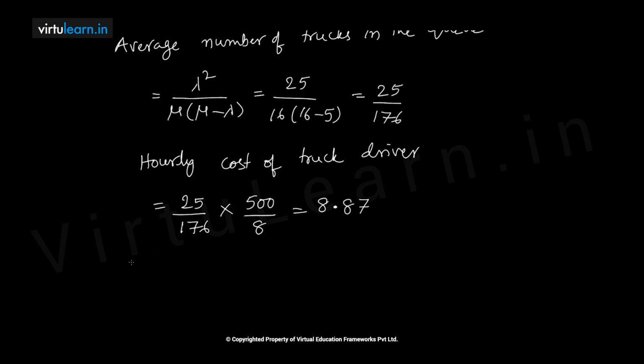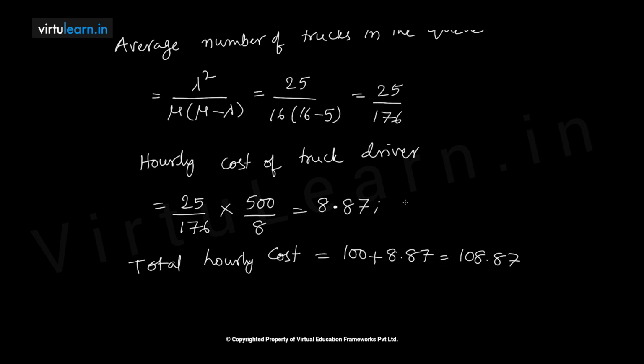Here it is 8.87 and the workers' cost is 100 rupees. So the total hourly cost becomes 100 plus 8.87, that means 108.87. Earlier it was 115 something. So the waiting time is reduced as well as the cost.